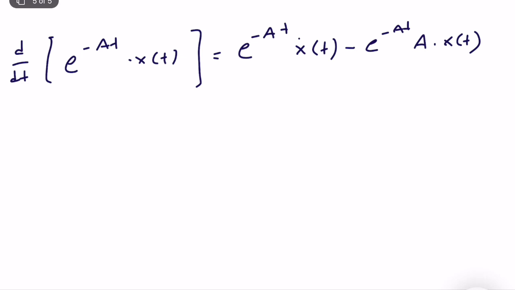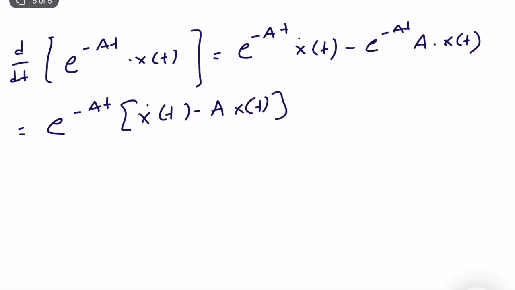As you know from the properties, a can be either here or here; it doesn't matter for our application. So let's group it. This is equal to e to the power minus at times x dot of t minus a x of t. That's great. So we are just going somewhere.